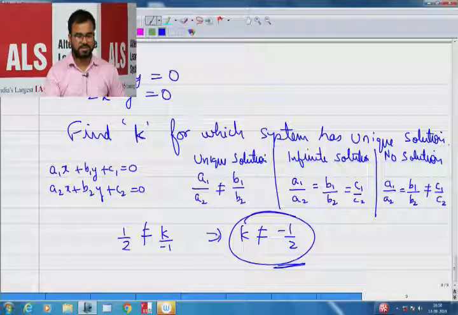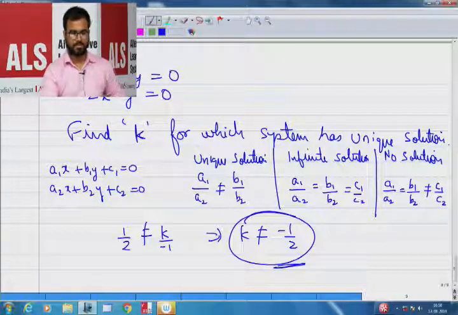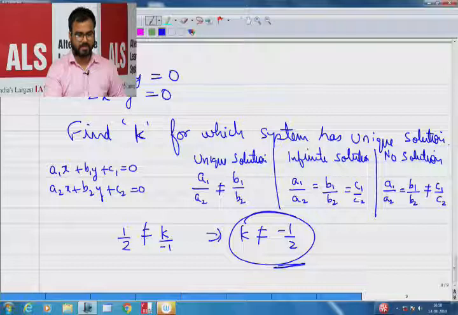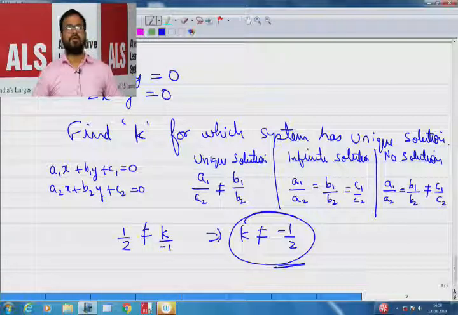So the question is, 4 upon x minus 3 is equal to 5 over 2x plus 3.